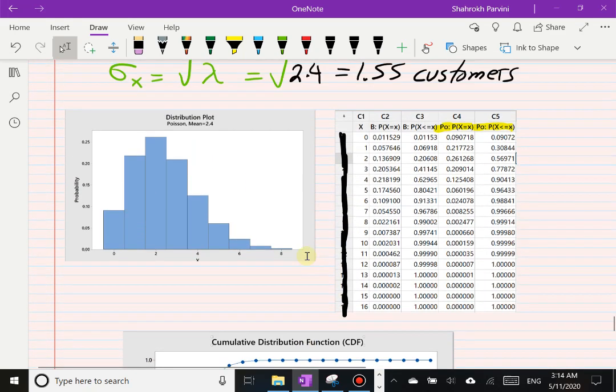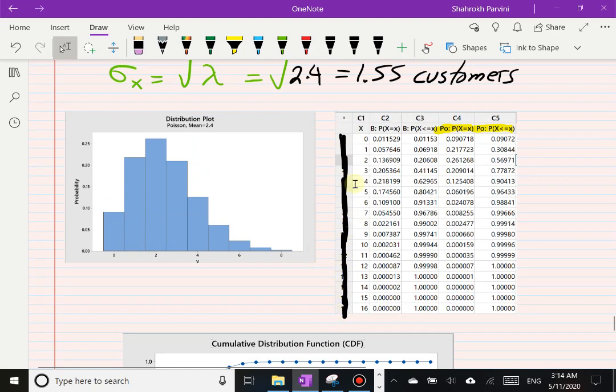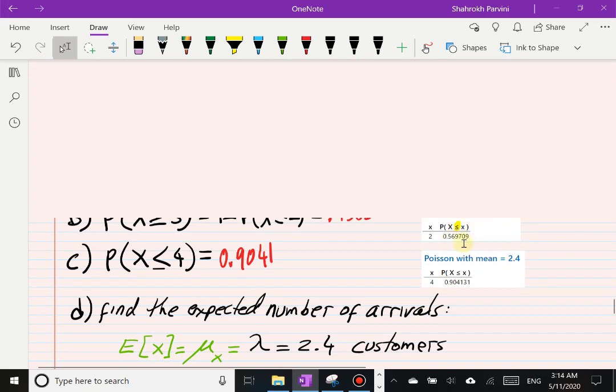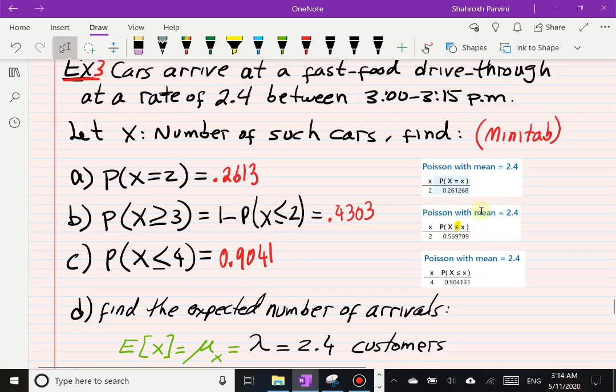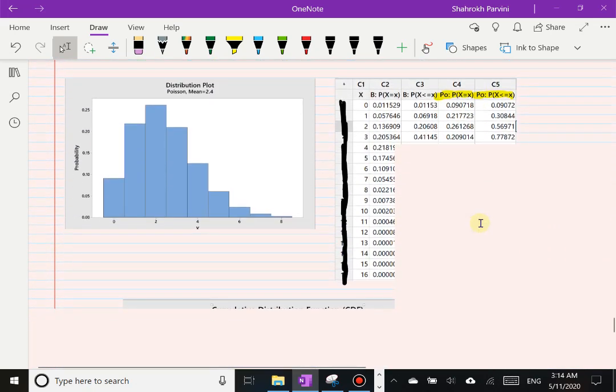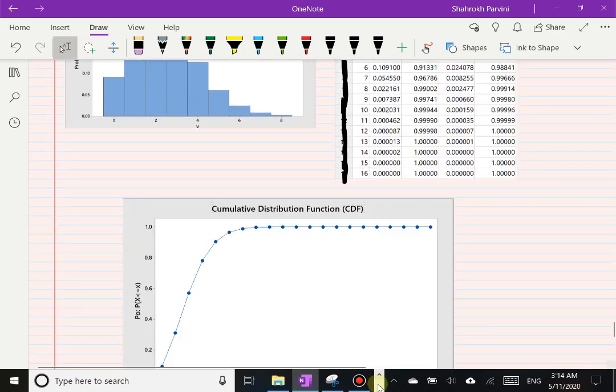And now let's go to Minitab. I blacked this thing out so it doesn't confuse me again. What we want to do is create these 2 columns in Minitab, and then get those probabilities that I have up here. Let's get these numbers. This is Minitab.